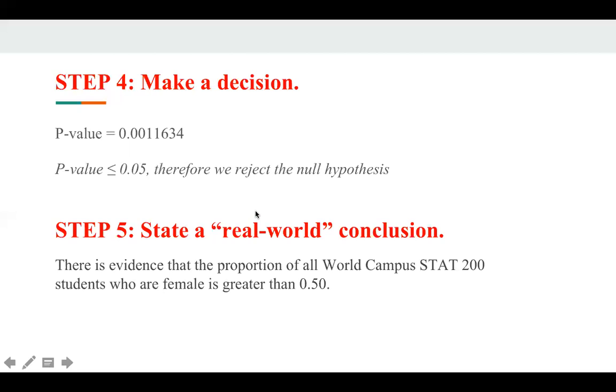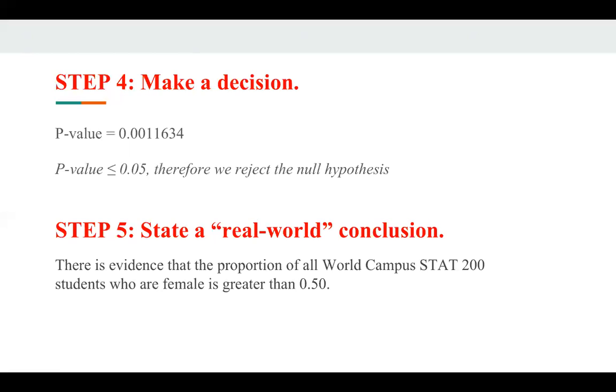Then it's similar to the other hypothesis test we did, where we make a decision and then state a real world conclusion once we get the p-value. So we know that our p-value is 0.0011. That is obviously very much less than our alpha level, which is 0.05.